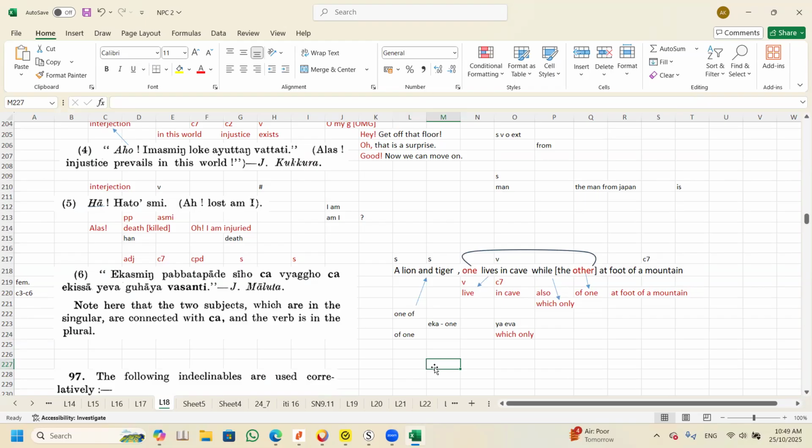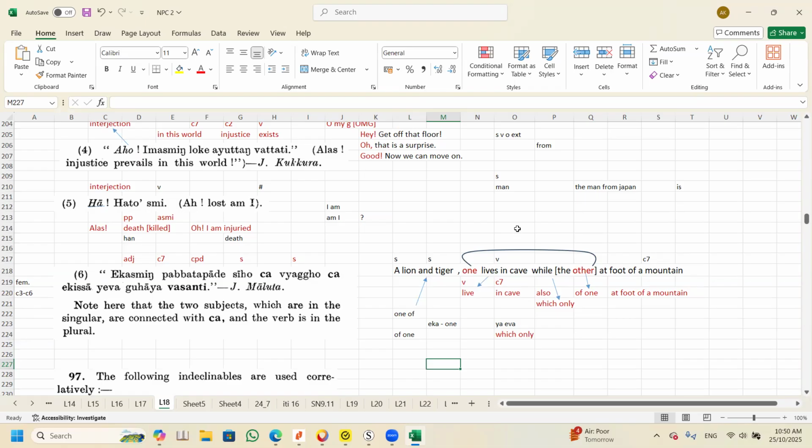Okay. So that means in this case, a lion and a tiger. So in this case, one lives in the cave. Understand? And there's a second line, which is only. So in English, normally, this is technically called a comparative.